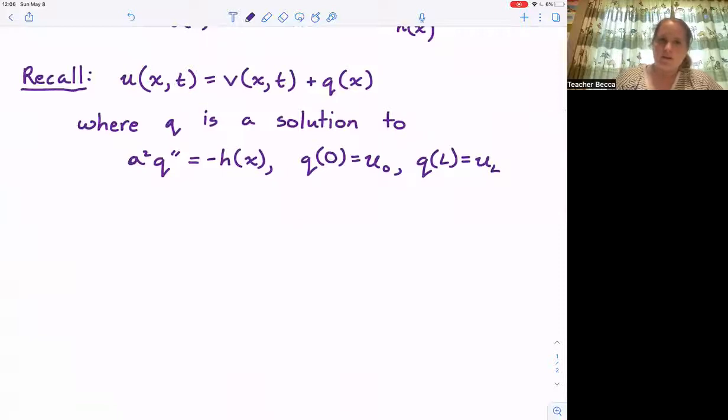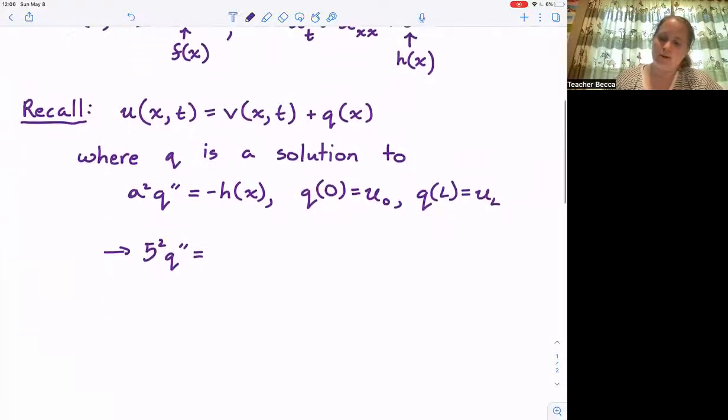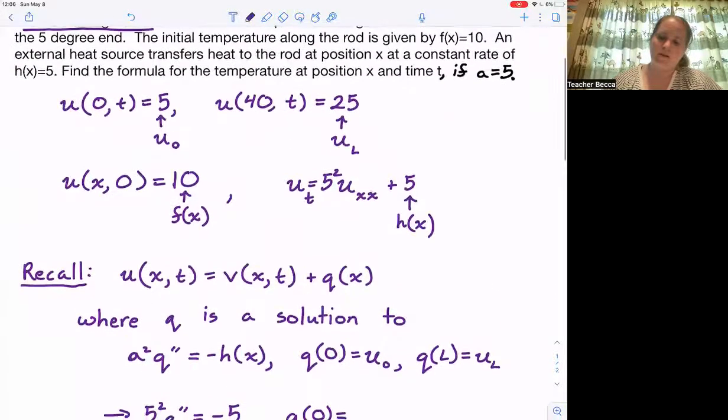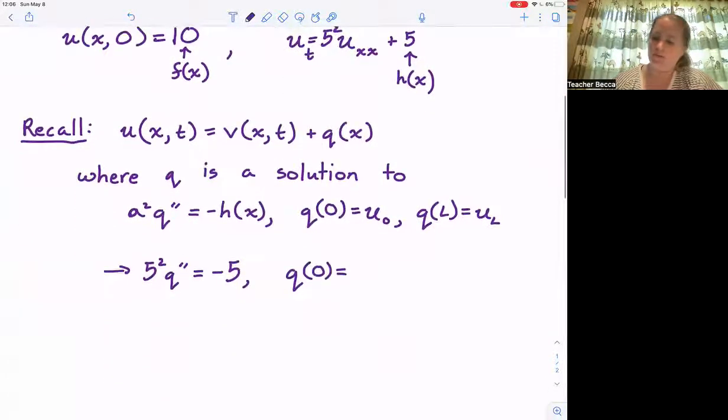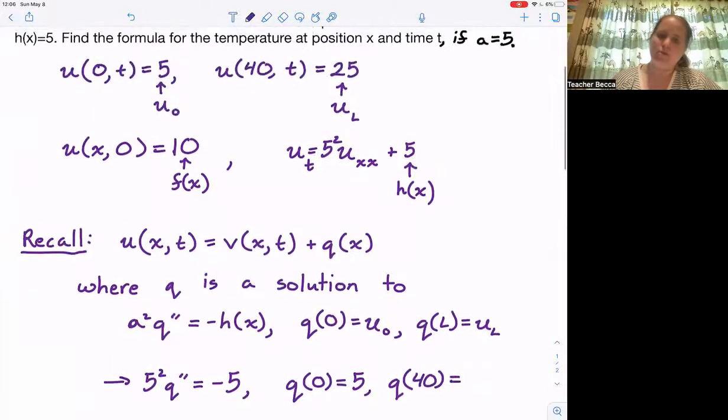So we are looking at 5 squared times Q double prime is equal to negative h of x, and h of x was 5, so it is equal to negative 5. Our Q of 0 should be equal to u naught, and u naught is also 5. I have a lot of 5s in this problem. Our Q of L is now Q of 40, and that was equal to 25.